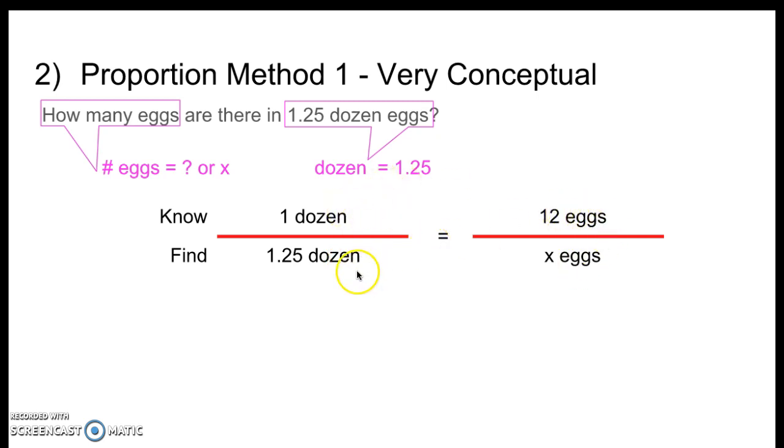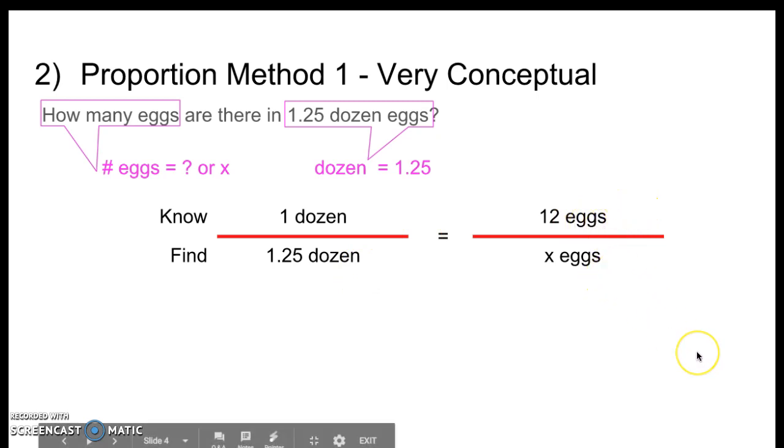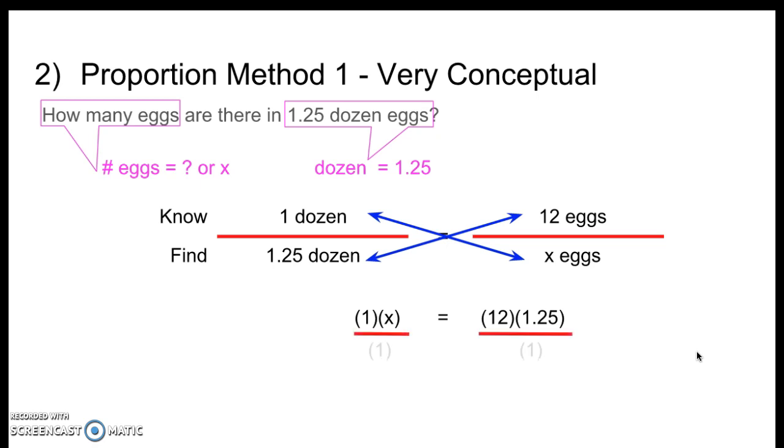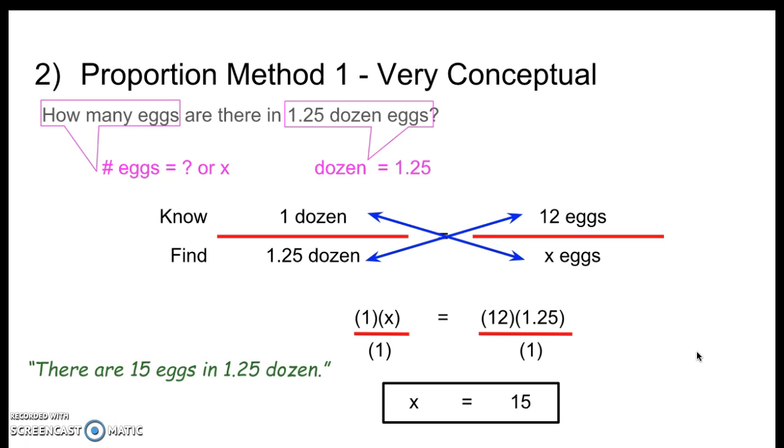Notice this is a dozen to dozen and eggs to eggs fraction. Since you have two fractions separated by an equal sign, you can solve using cross multiplication, and we have 1 times x and 12 times 1.25. To isolate our x, we divide both sides by 1, and we get x equals 15. Okay, and so we would get the same answer that we got when we did this mentally using the proportion method.